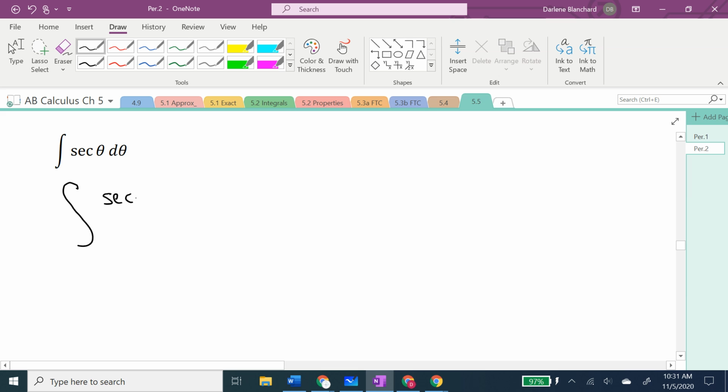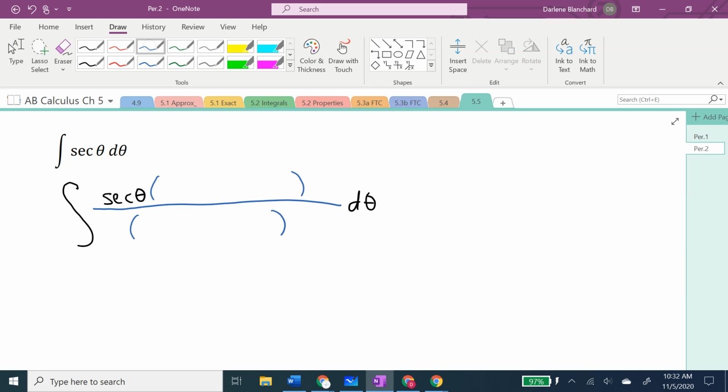So I'm going to take that secant theta and I am going to multiply and divide by the same expression. And it's doubtful you're going to guess this, what expression works perfectly.